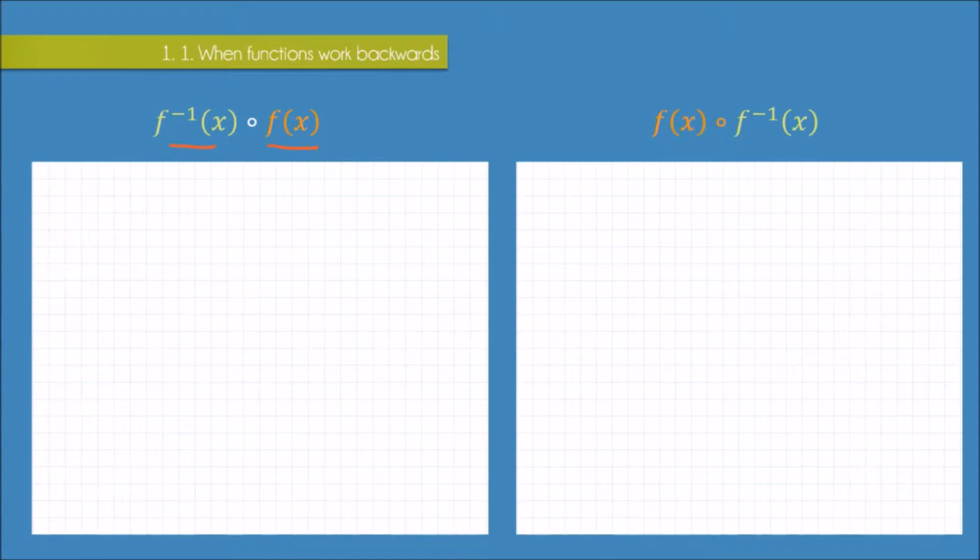And remember from our example, f of x was 2x plus 5, and we worked out that the inverse then was x minus 5 divided by 2. So when I have f inverse after f of x, essentially what I'm doing is subbing in f of x into f inverse.